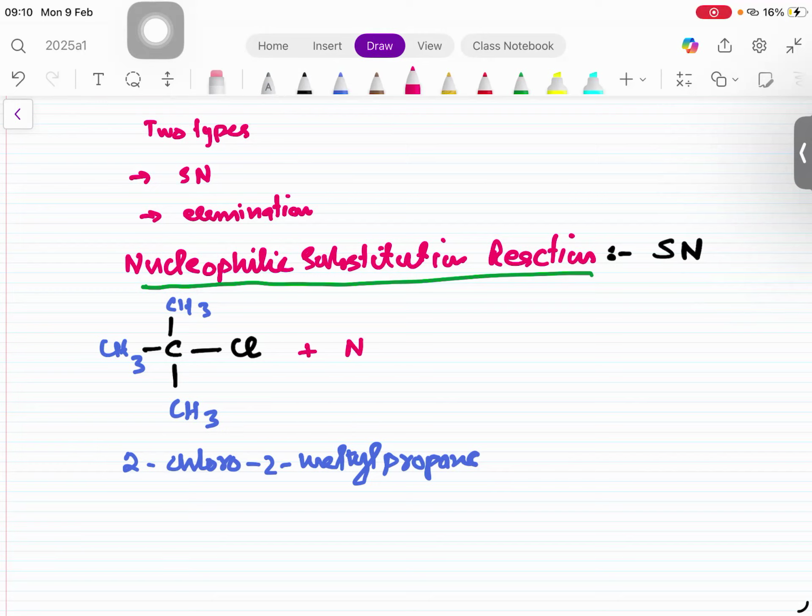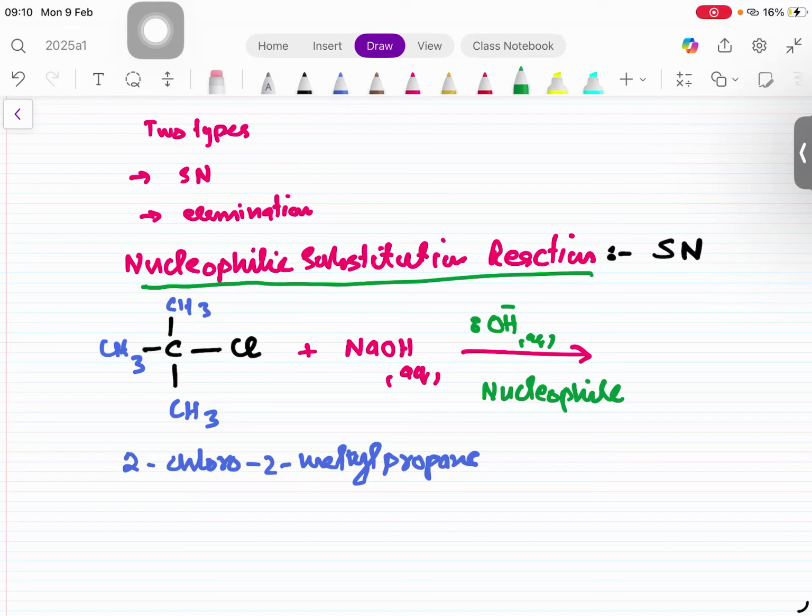When it reacts with aqueous NaOH, OH negative is the nucleophile.